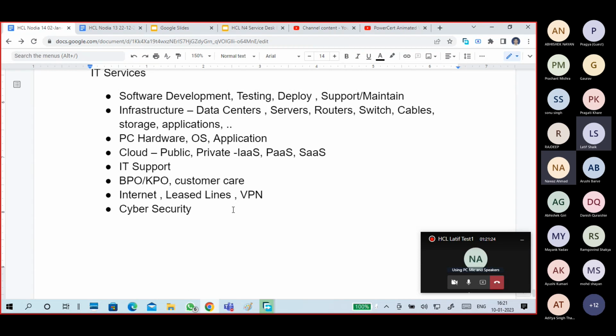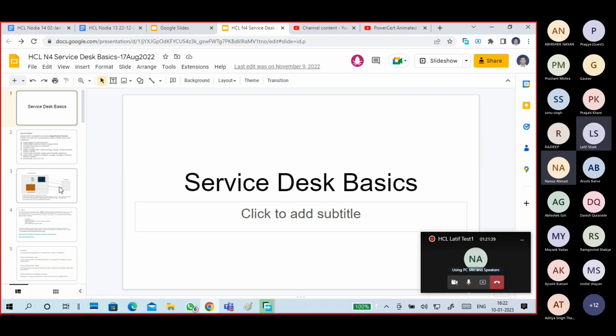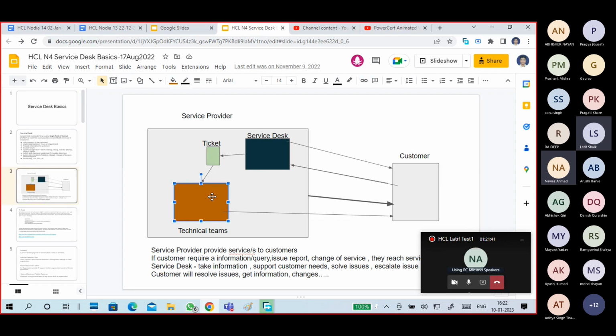I have a beautiful document for ITIL. It is a very beautiful document, but people don't read anyway. So I put it somewhere. This first point I want to tell guys, IT as an organization. This is the drawing.